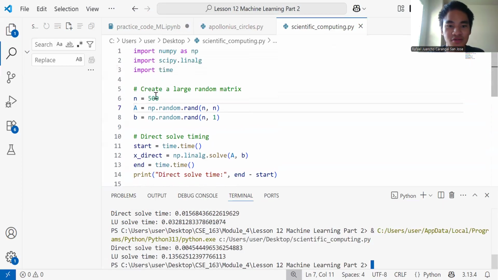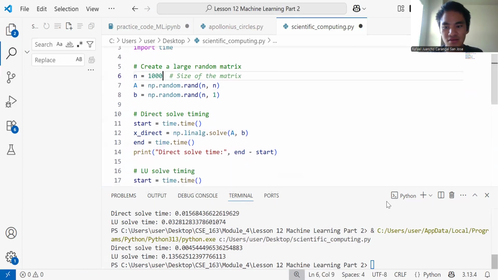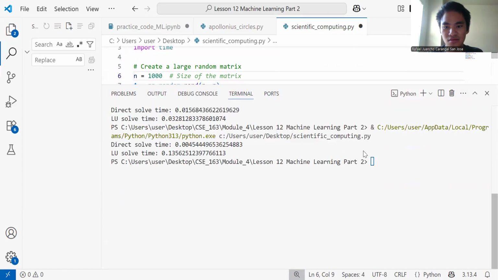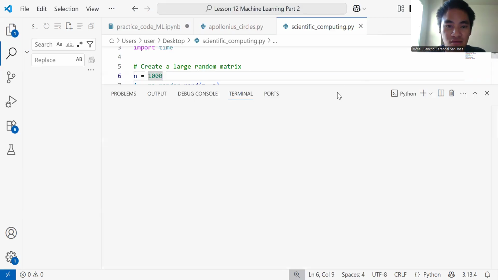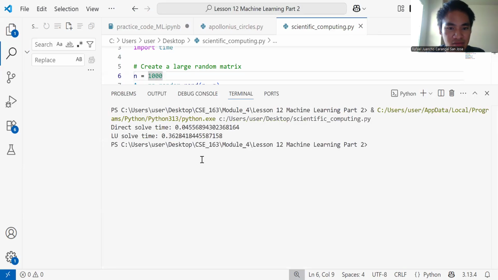What if we make our matrix bigger? Let's try that. Because ideally, our LU should be quicker. At least so.